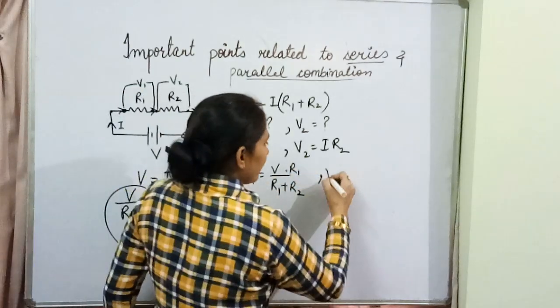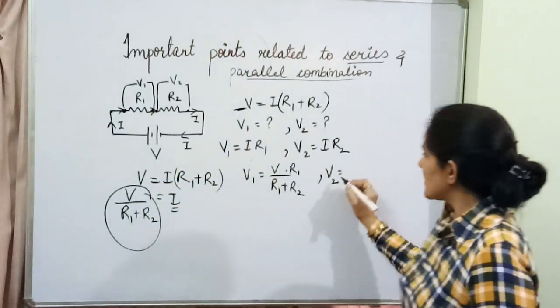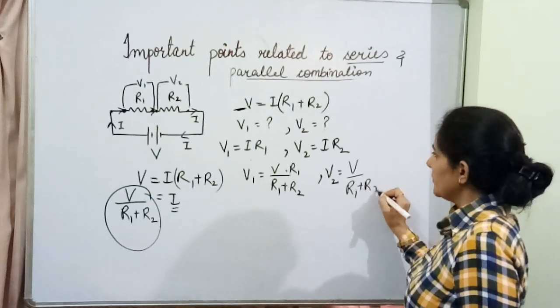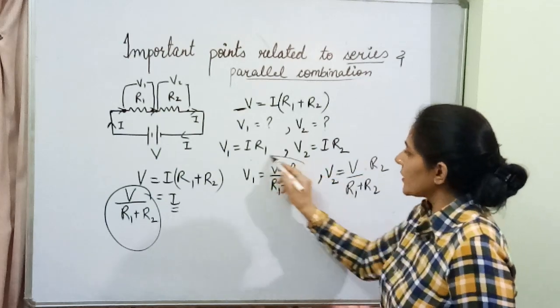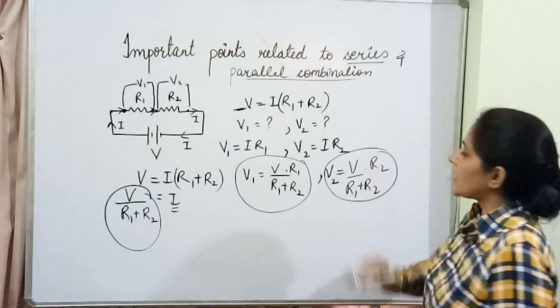And the same way we can find out V2, that is equal to I, the value of I is V upon R1 plus R2, into R2. So this way we can find out the potential difference across the first resistor and across the second resistor.